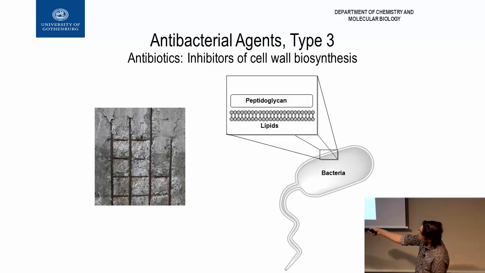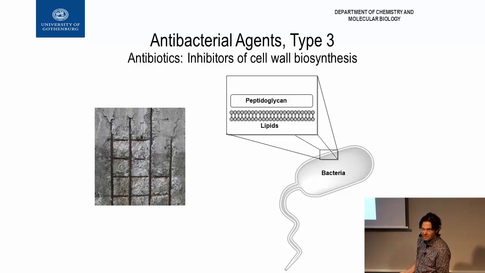If you imagine that the iron we put in here, in the bacteria we find something that has a similar role in the cell wall. And there's this called the peptidoglycan layer. So you have a membrane that is just lipids, but lipids are very much floating around, you can move them around. But in the cell wall of the bacteria, you have a peptidoglycan layer, and that functions basically the same as the iron we put in the concrete, stiffening the wall.